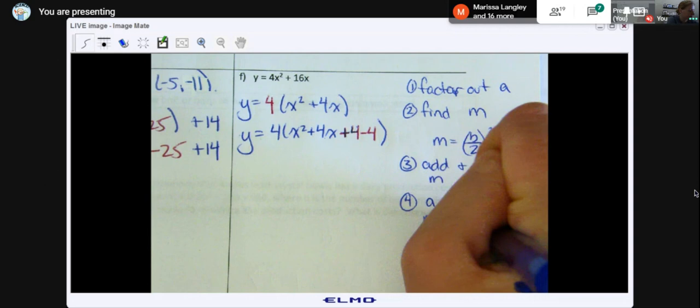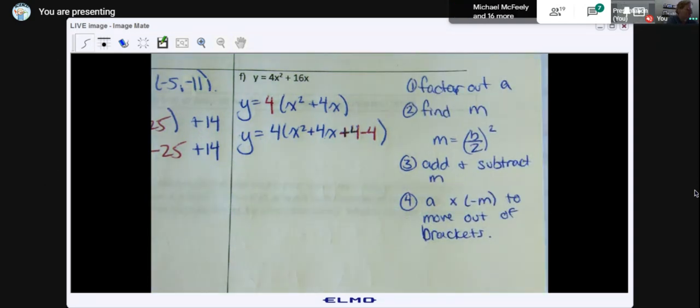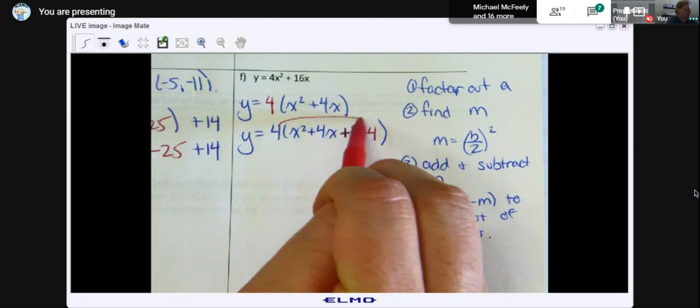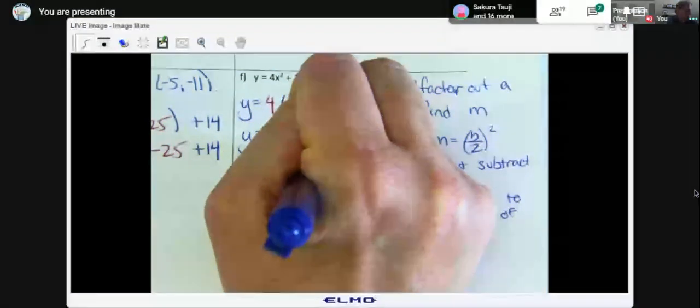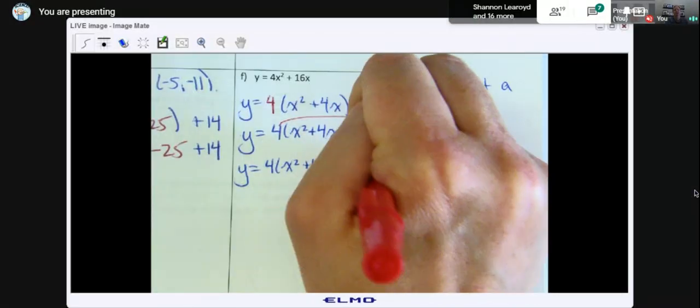Step 4, I'm going to take my A value, multiply it by the negative M value to move it outside of the brackets. So 4 times negative 4 leaves me with negative 16.